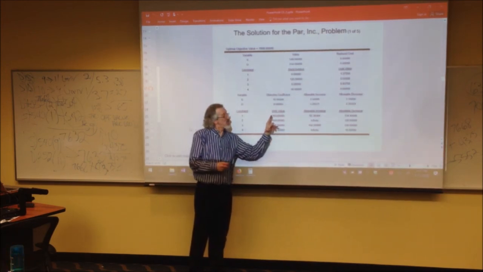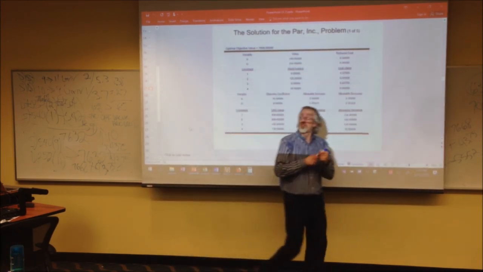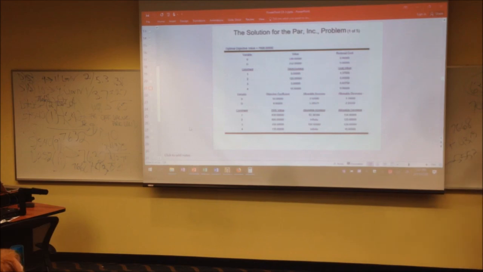It might say you usually pay $3 a unit. Relevant cost means the dual price represents the most you'd ever want to pay as a premium above the normal price.